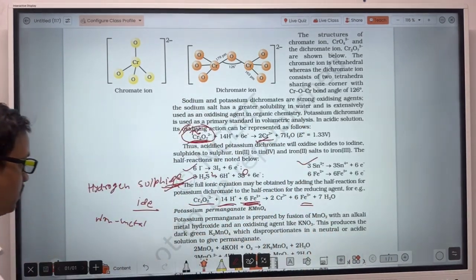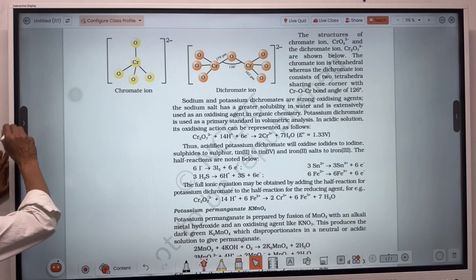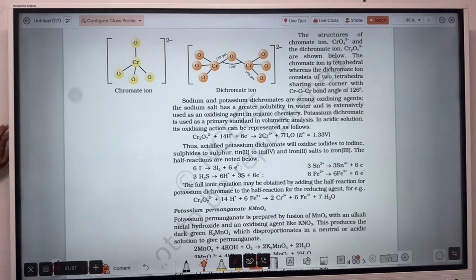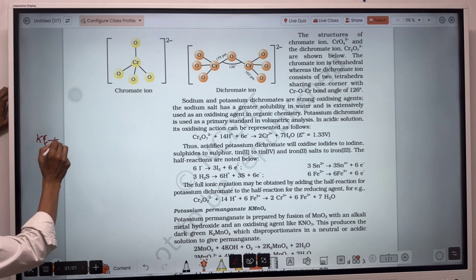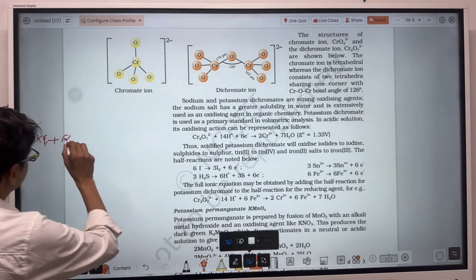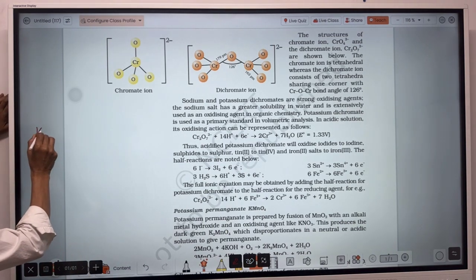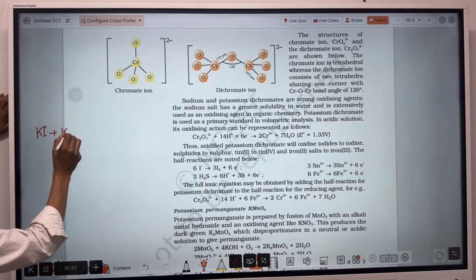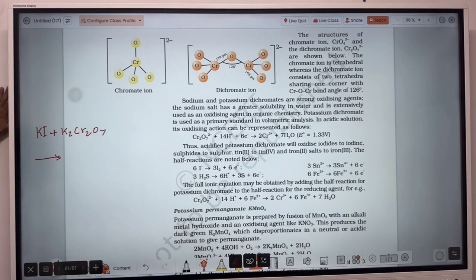So let's see in which form the question will come. The question will be: KI reacts with K2Cr2O7. What will be the product? Let's see how to do that.